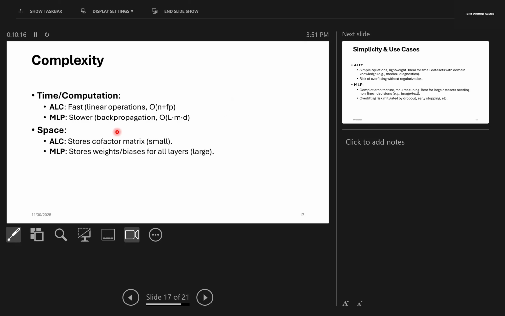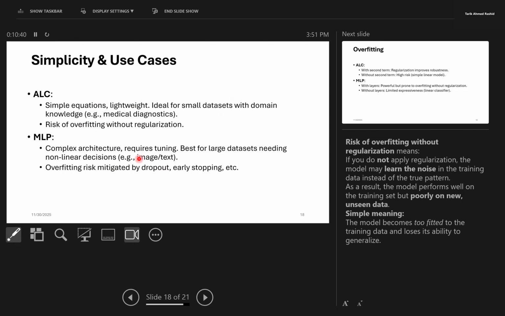As for time complexity, for ALC it is big O of n plus FP, while MLP is slower because of backpropagation, using an optimizer. For space, ALC stores a small cofactor matrix, while MLP stores weights and biases for all layers, which is large.